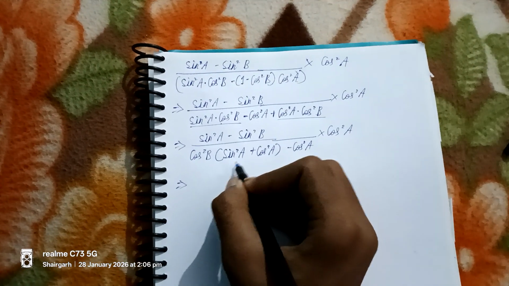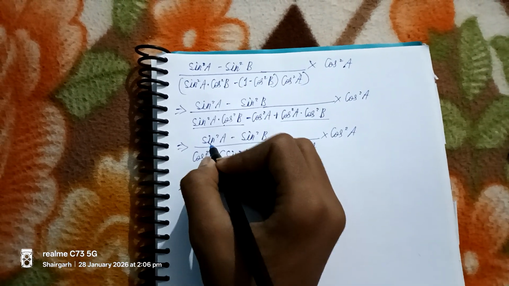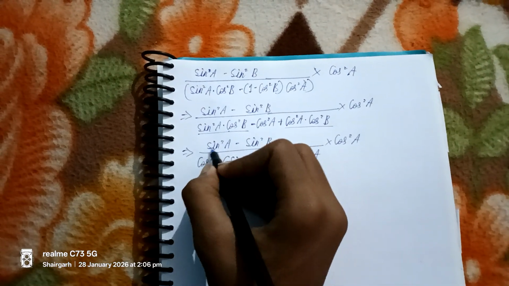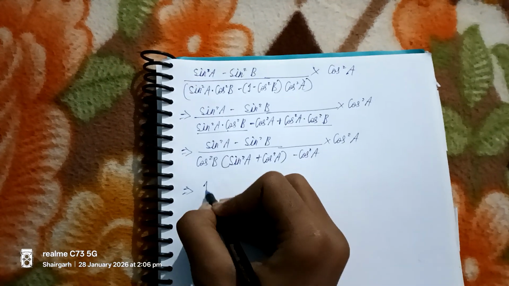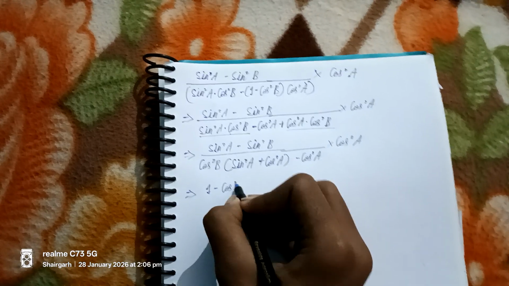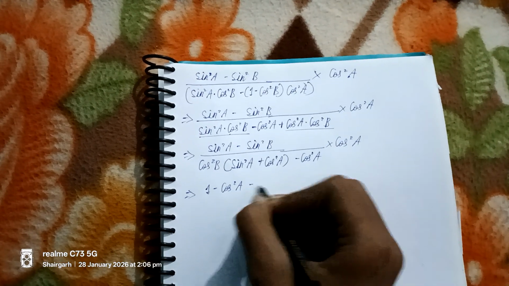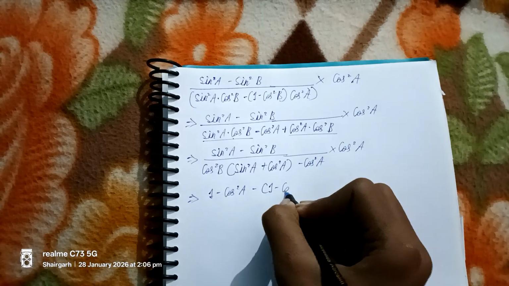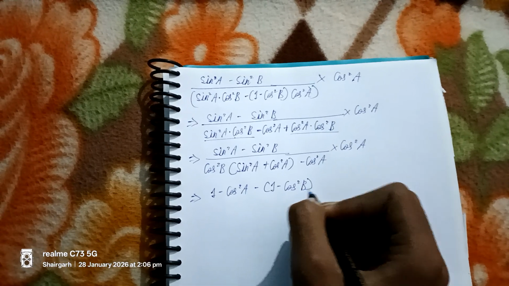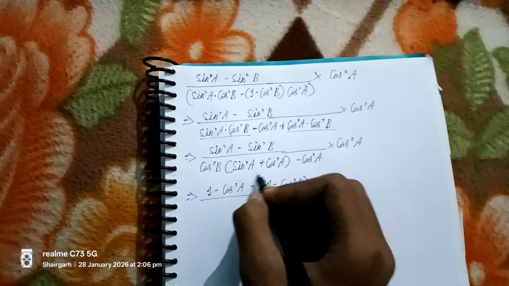And the value of this will be 1, and we can split this into 1 minus cos square A, and also this, and this is 1.